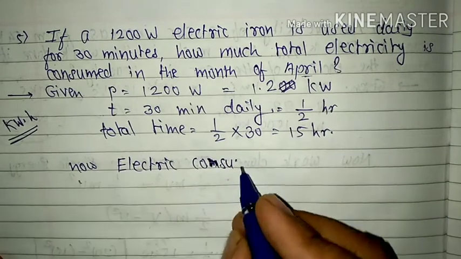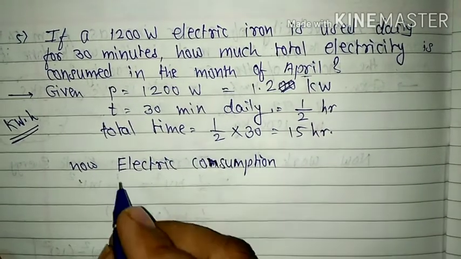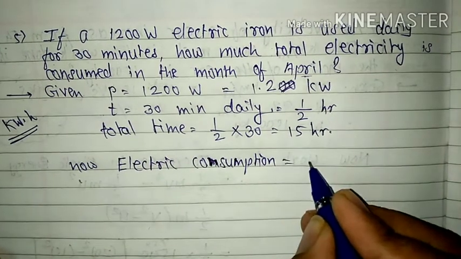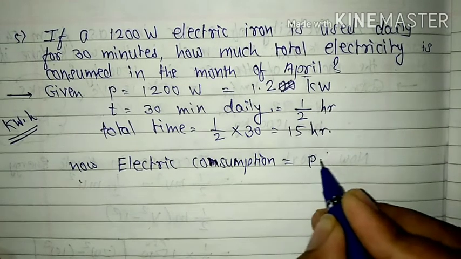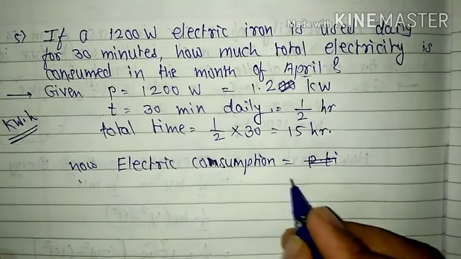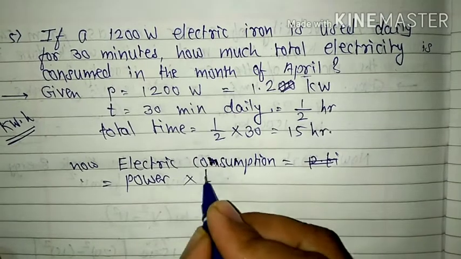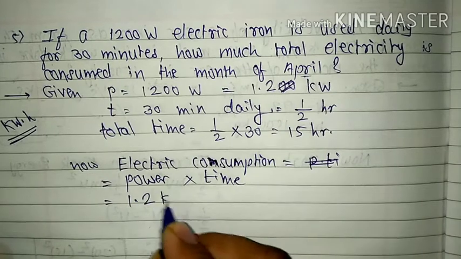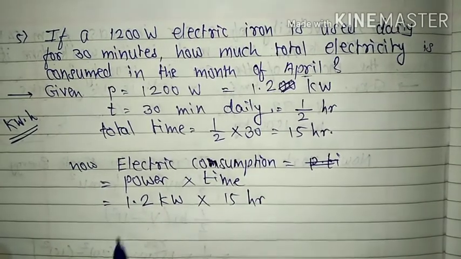Now electric consumption, or you can say electricity consumed is equal to power into time. So is equal to 1.2 kilowatt into 15 hour.